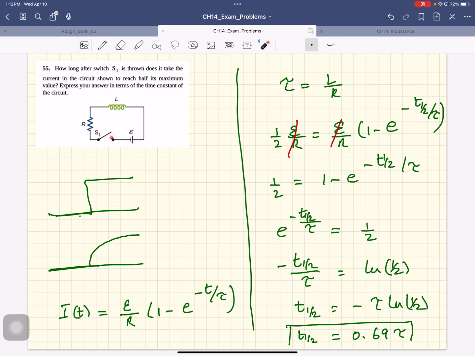So again, when you close the circuit with the inductor present, it rises to half its maximum value in 70% of the time constant. Okay, 0.69 times the time constant.